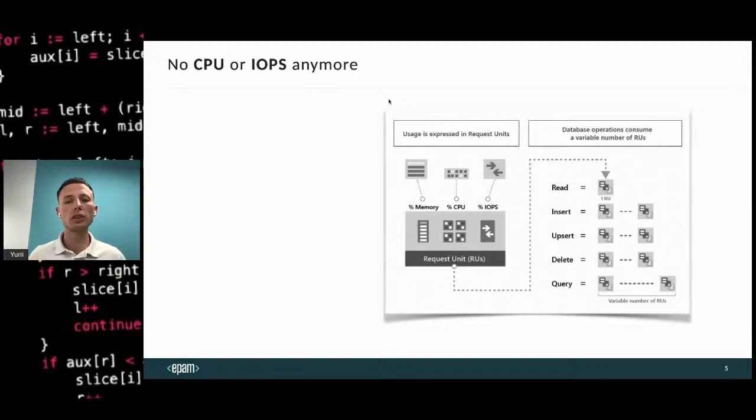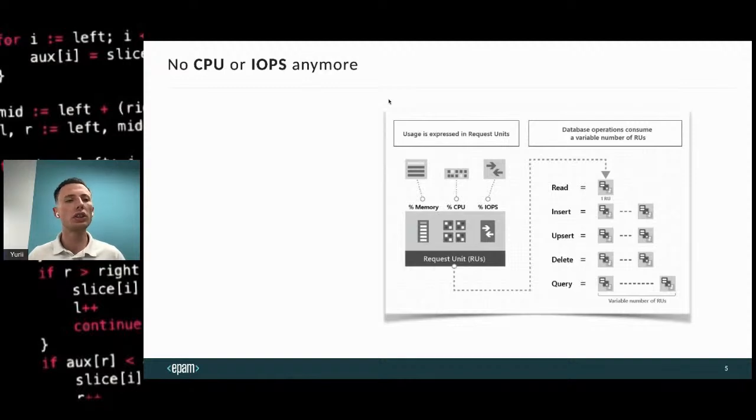We have one simple request unit, and we can go with request units. What reflects the number of request units, and where do we use request units? When you do a read, insert, upsert, or delete, you always use request units.